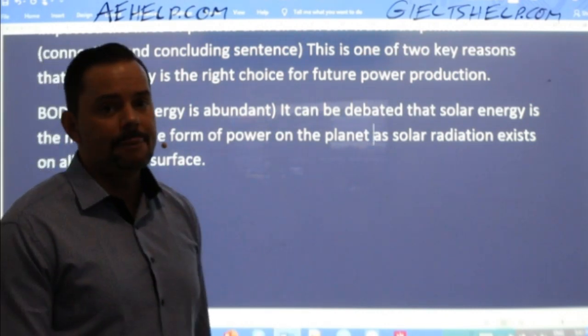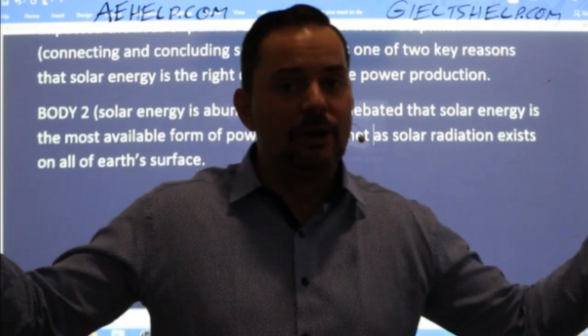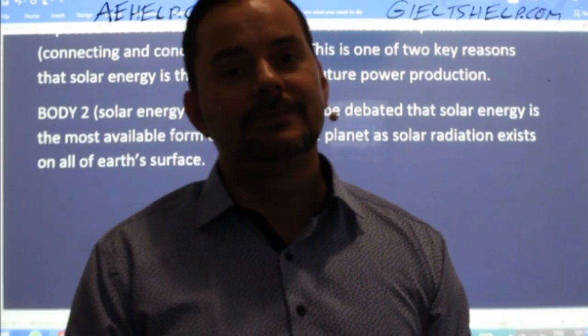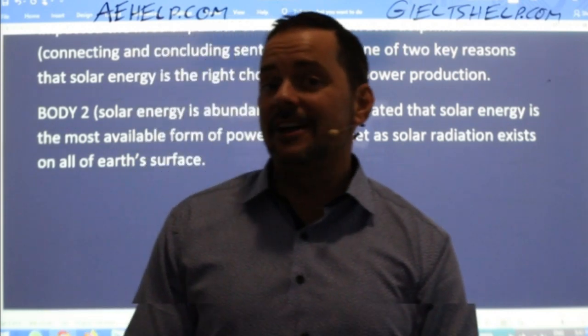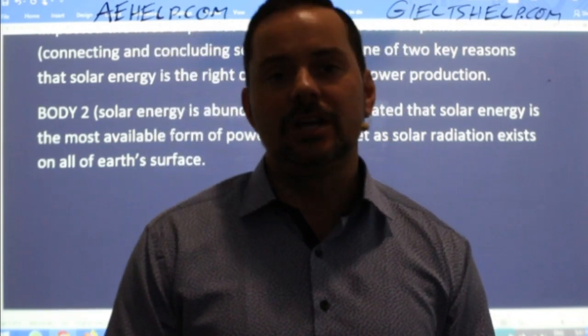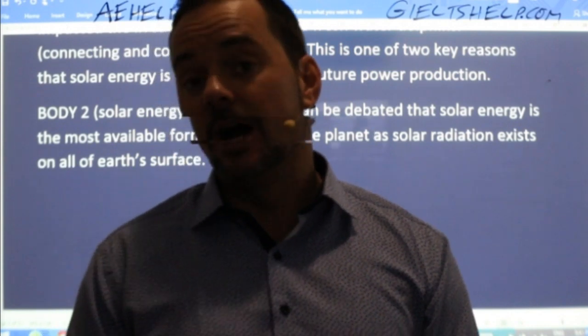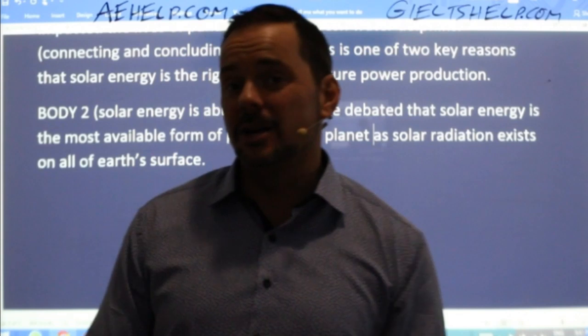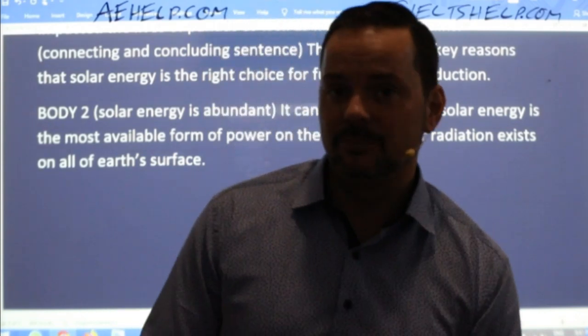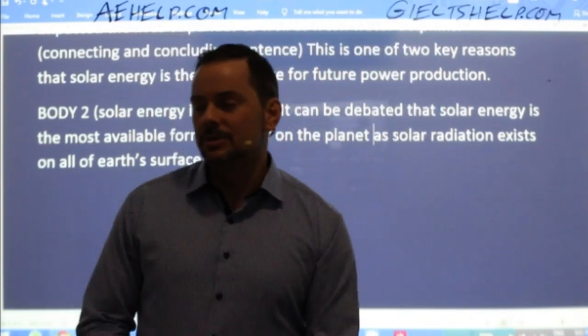Okay? It's a giant ball of burning fire in the sky. There's definitely solar radiation. Remember what I said yesterday? 95% of all energy on the surface of our planet comes from the sun in one way or another. Only about 5% comes from inside of our planet, from volcanoes and such.